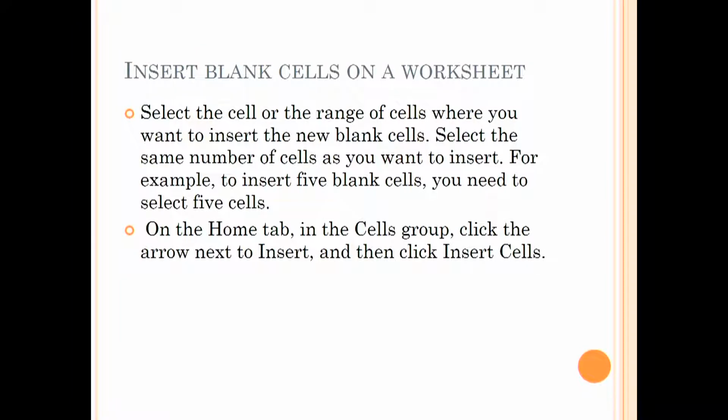Now, how do we insert blank cells on a worksheet? You might have a large set of data and you realize in between that you need to enter some more entries, like maybe after the fifth row, or you want to insert a column in between, then that is also possible.